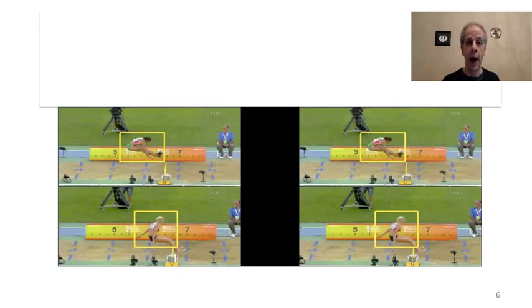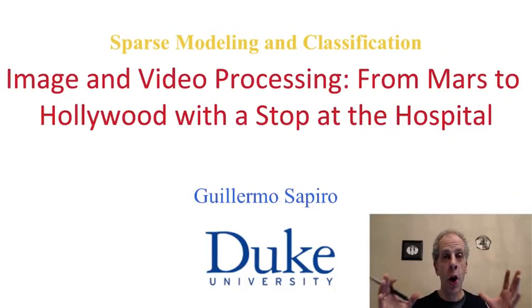Those activities are different. So this is one way, basically, of using sparse modeling for classification. Very simple, learn dictionaries per class and then use them to encode the new data and see how good is that dictionary and according to that, you can do the classification. So a very powerful and very simple technique for image and video classification.